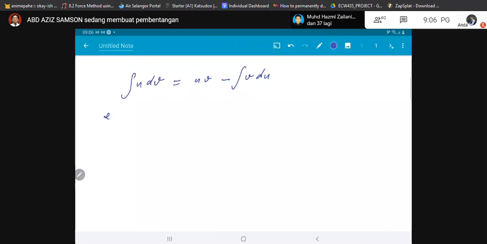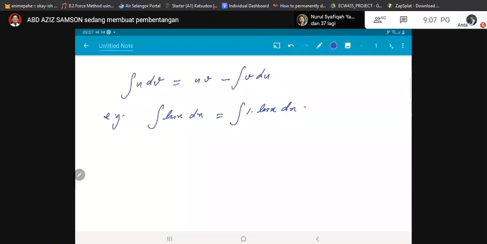I don't show you the example from the lecture note because that is a bit more difficult. But even with the simple expression, the integral of ln x dx, how do you integrate this? I hope you realize that this can be regarded as the integral of 1 times ln x dx.